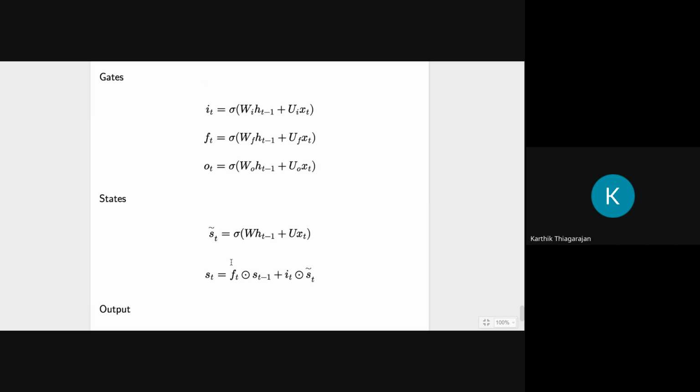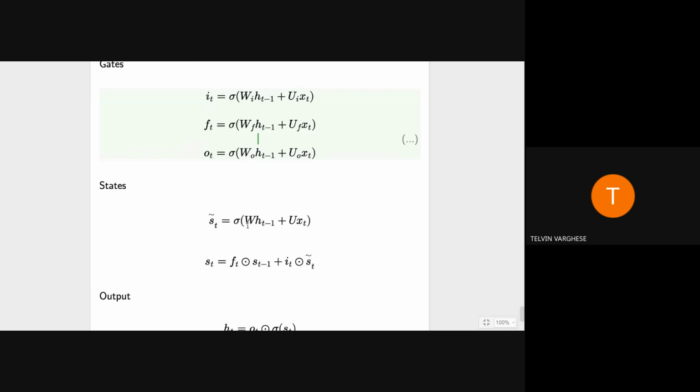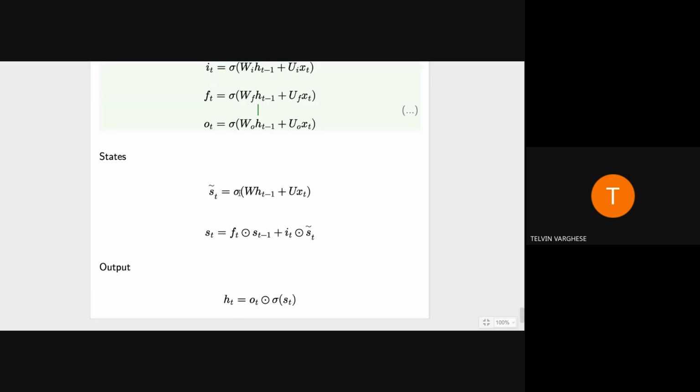The gates have to be in 0 to 1, so that they are like soft probabilities in some sense. I think these are all sigmoid. You are talking about tanh. This one is tanh, and I think some other one also was tanh in the papers. That one was sigmoid, because that should be a probability.